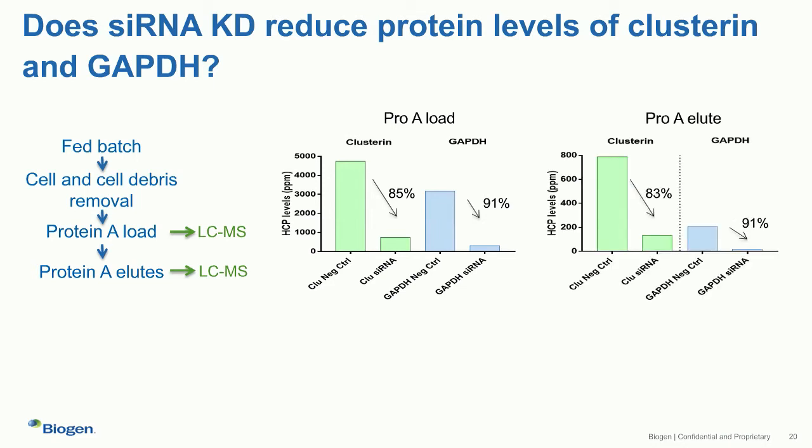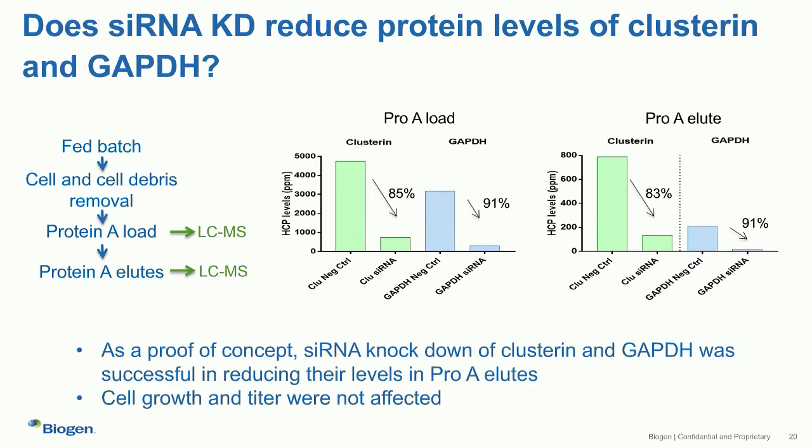In summary, as a proof of concept, we found that siRNA knockdown of clusterin and GAPDH was very successful in reducing the level in the Protein A eluate. In the meantime, data not shown, cell growth and titer were not affected by the siRNA.